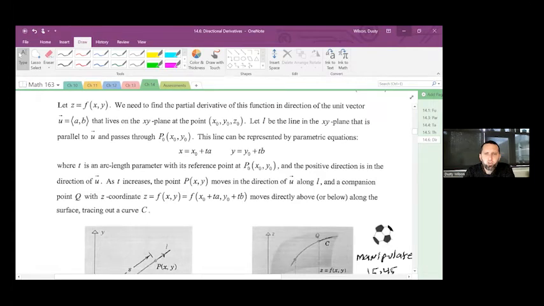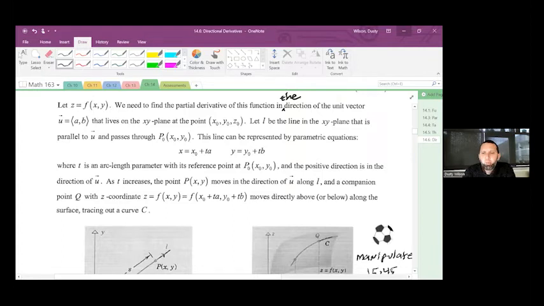We need to find the partial derivative of this function in the direction of the unit vector u, which is a, b, that lives on the xy plane at the point x naught, y naught, z naught. Correct a typo here, in the direction.